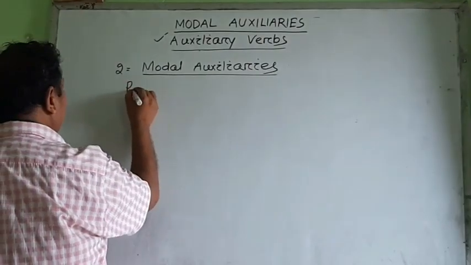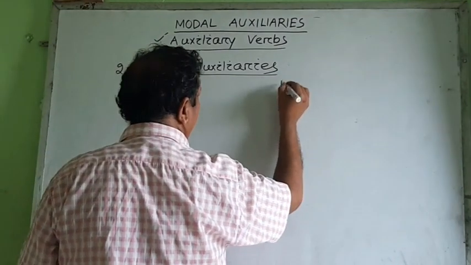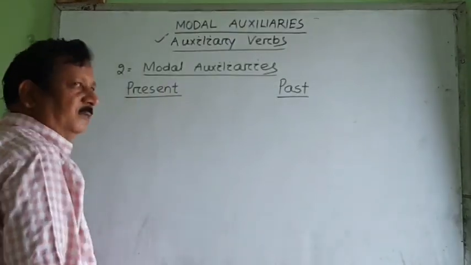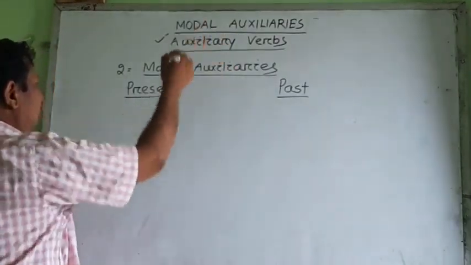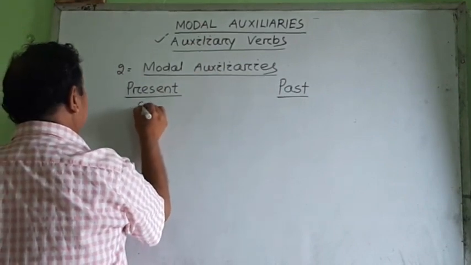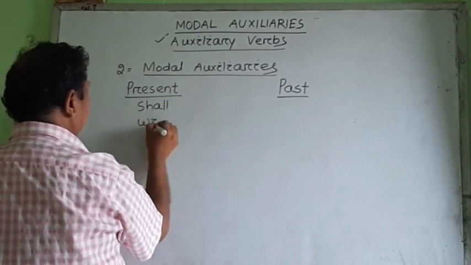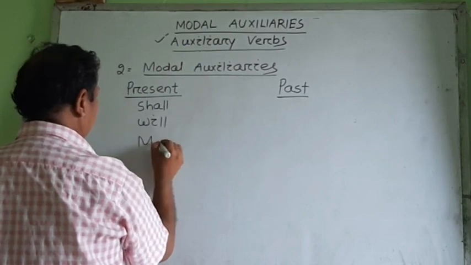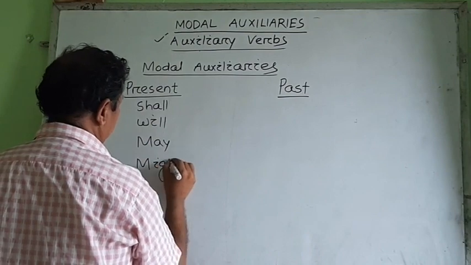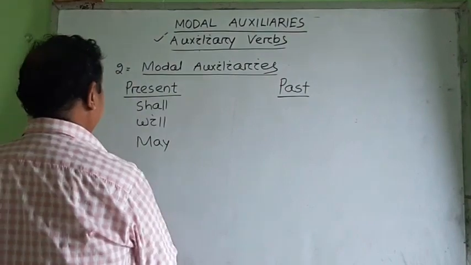Exactly in the same way, we have to write present here and past here. In the case of present, we have verbs such as shall, will, may, and can.